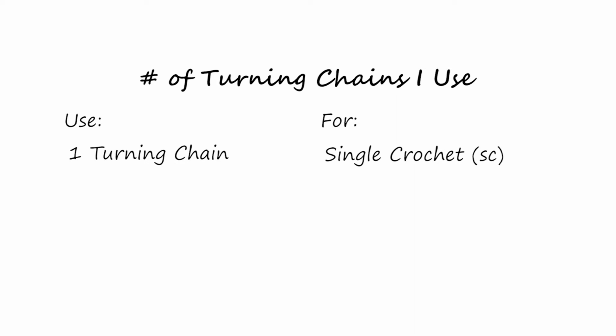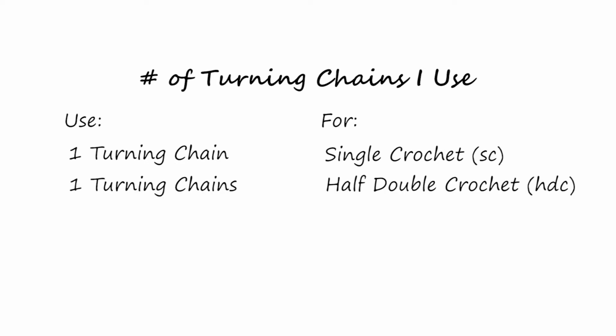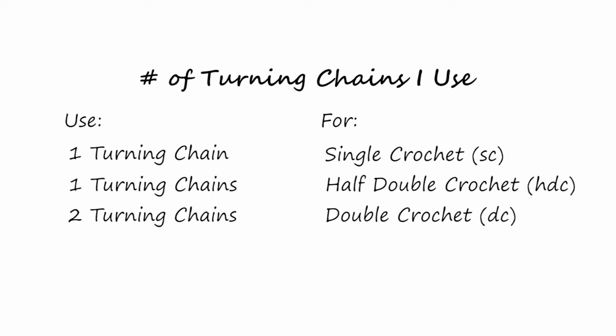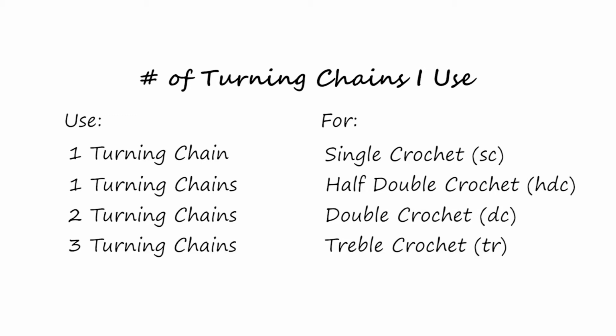I use a different number of turning chains whenever I start new rows. So what I like to do is I only use 1 turning chain for single crochet and half double crochets. I use 2 turning chains for double crochet, and then I like to use 3 turning chains for a treble crochet.